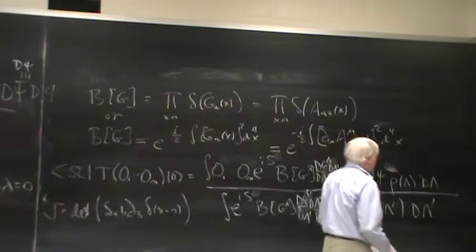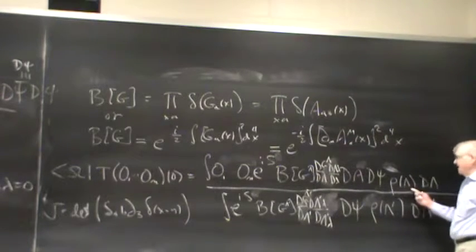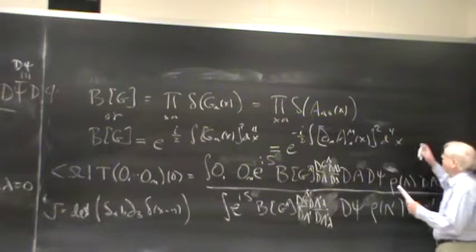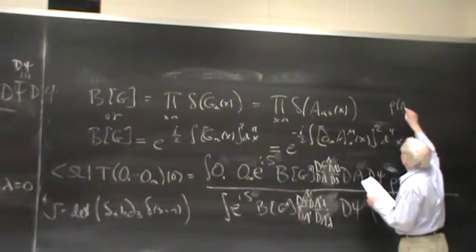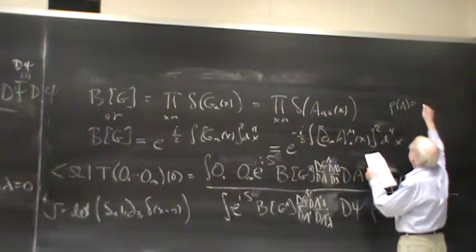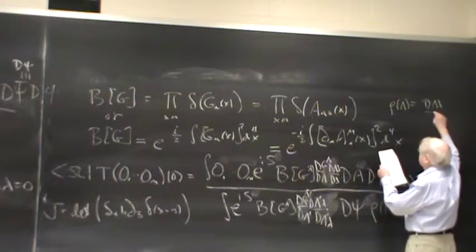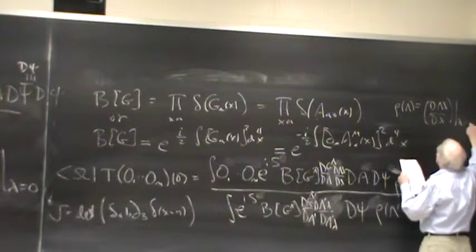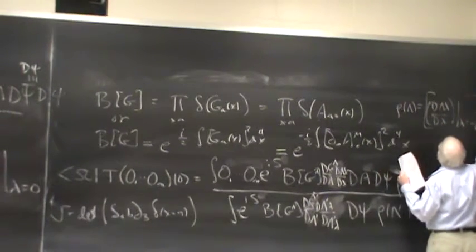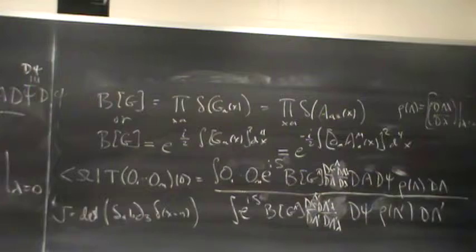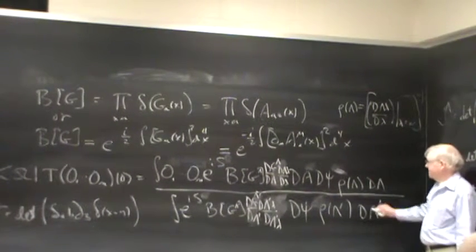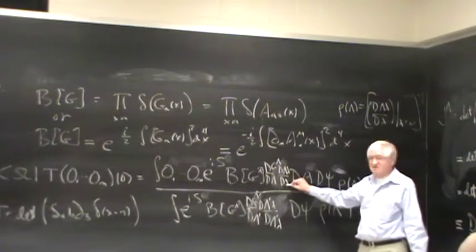Okay, now what are we going to choose as this rho? Well, what we're going to choose is we're going to say that rho of lambda is d lambda lambda over d lambda at lambda equals 0, inverse. Nifty choice, because then rho of lambda cancels this thing.